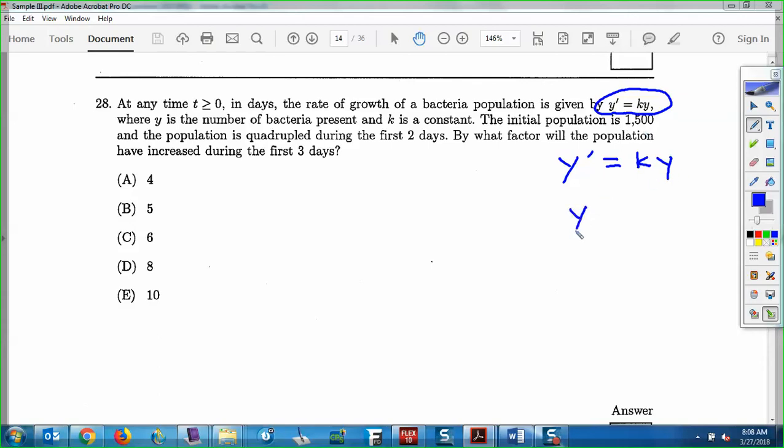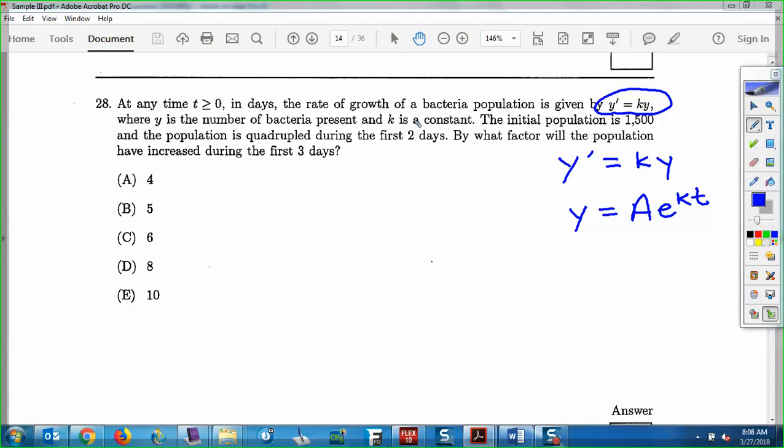This is that differential equation we memorized. The solution is what? Yeah, some constant C we used, or e to the kt, right? Something like that. So recognizing that would be good.